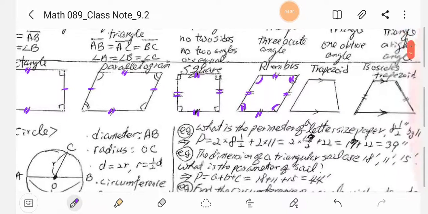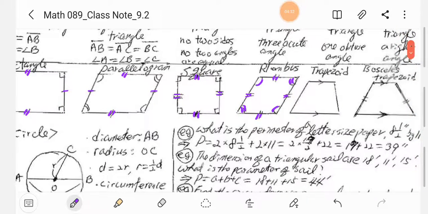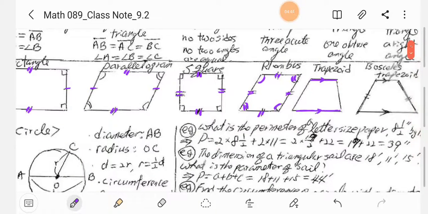Trapezoid. A trapezoid has only one pair of opposite sides parallel. This pair is parallel. Then we call it a trapezoid. An isosceles trapezoid is one where one pair is parallel, these two sides are parallel, and the other two sides have the same length.